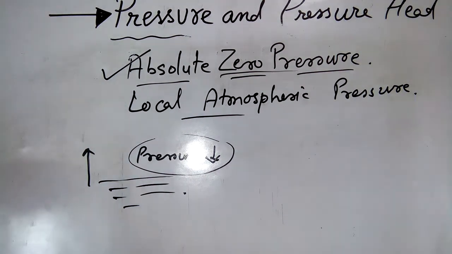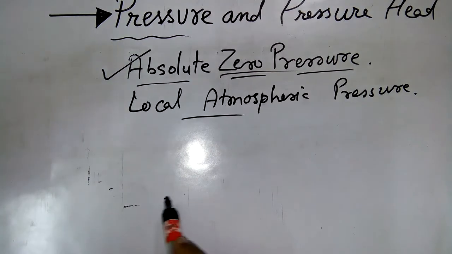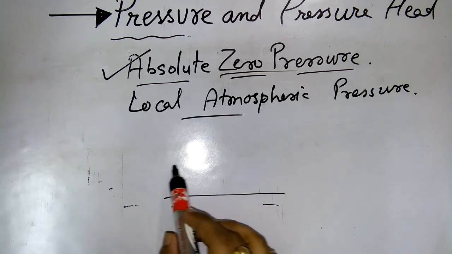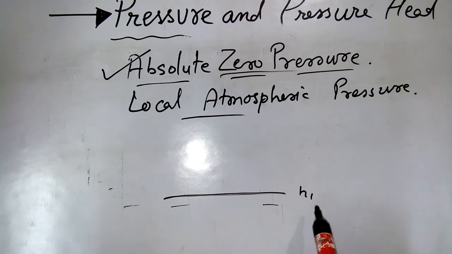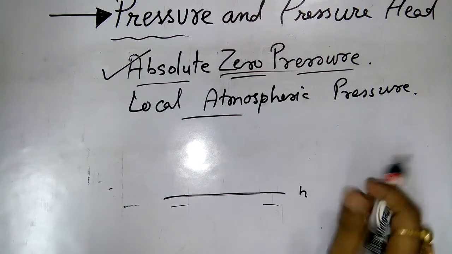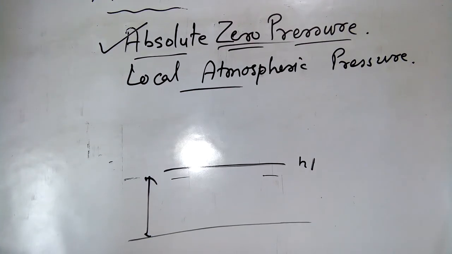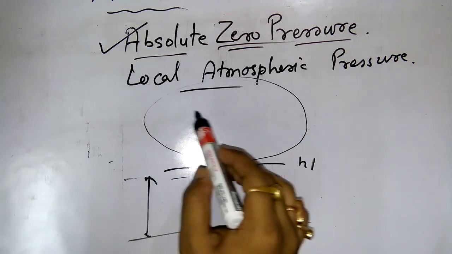Now, what is the reason? If you want to know that also I can explain. It is a very simple reason. See, let me assume two heights. First suppose I am at this height, this is h1 from the ground level. Now there is a huge amount of mass of air present.